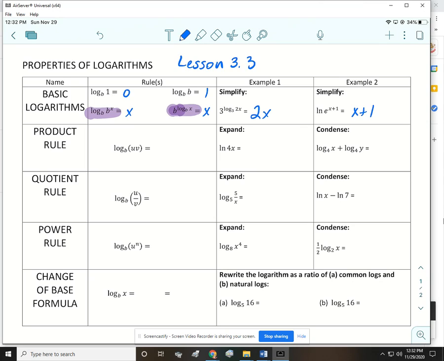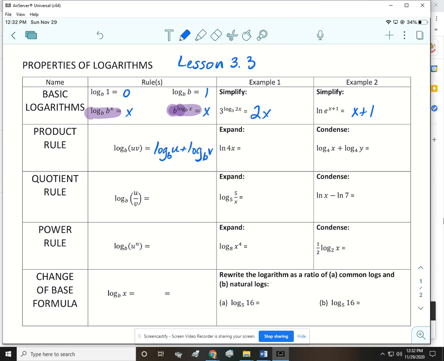So because a logarithm is another way of writing an exponent, the rules are going to be similar. So if we have the logarithm of a product, it's the same as breaking it apart and adding them together. So it's the same as log base b of u plus log base b of v.